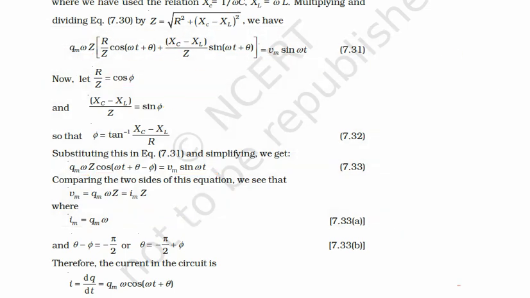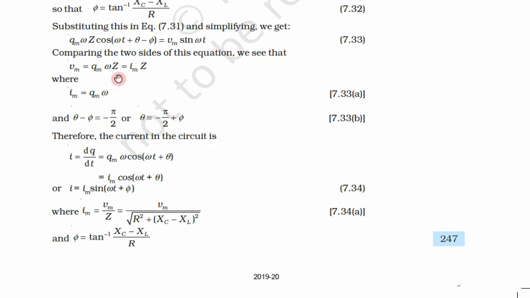So we have used the trigonometric identity and reduced our equation to this new equation: Qm omega z cos of omega t plus theta minus phi is equal to Vm sin omega t. Let us compare the left and right side of this equation.